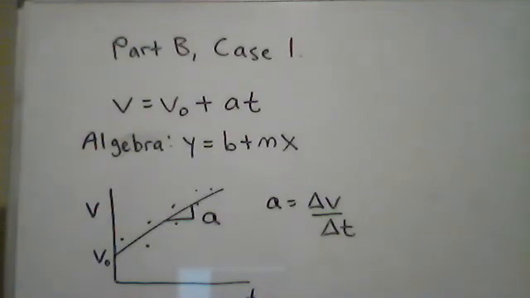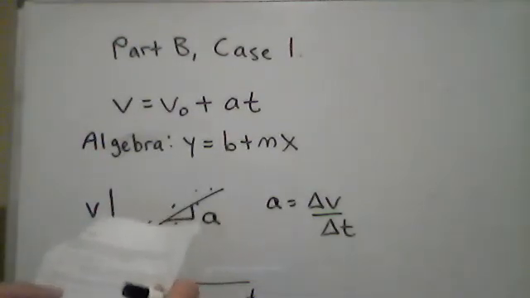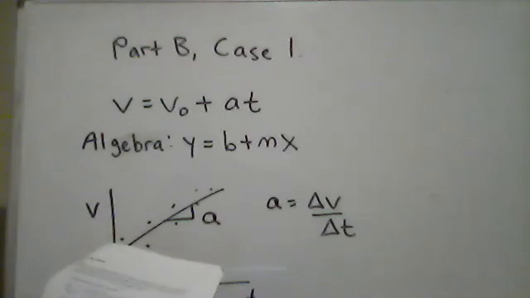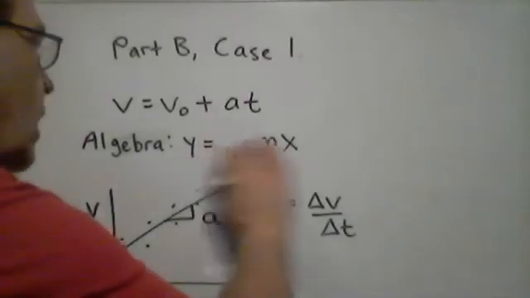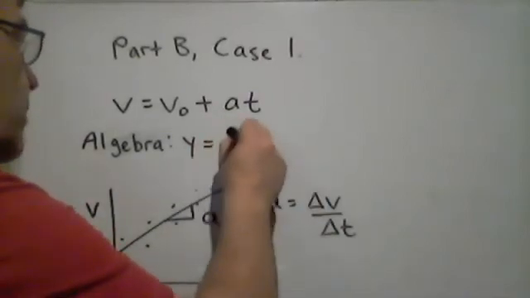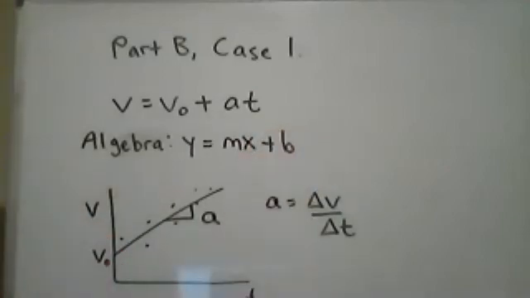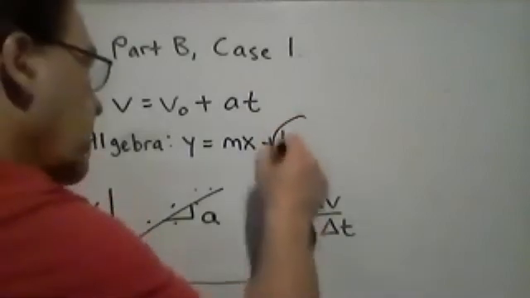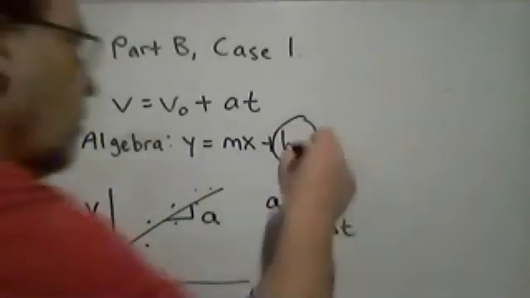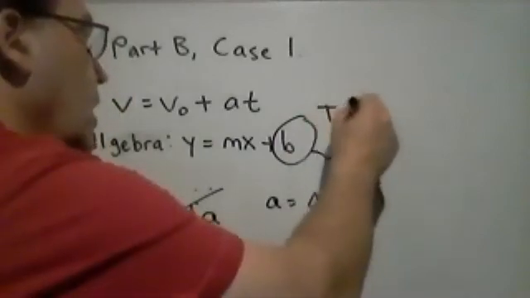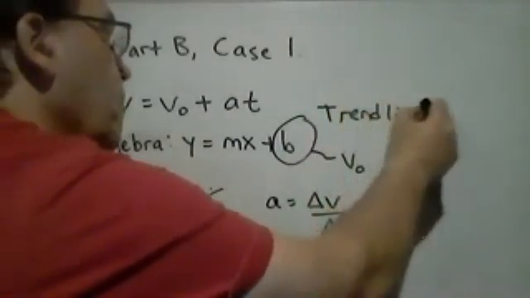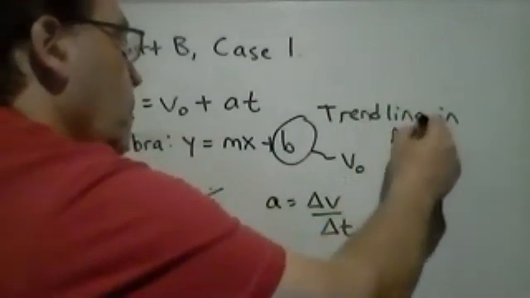That's your acceleration. And we want to know what V naught is. In your Excel trend line, it's going to look like y equals mx plus b. This b that Excel gives you is your V naught.